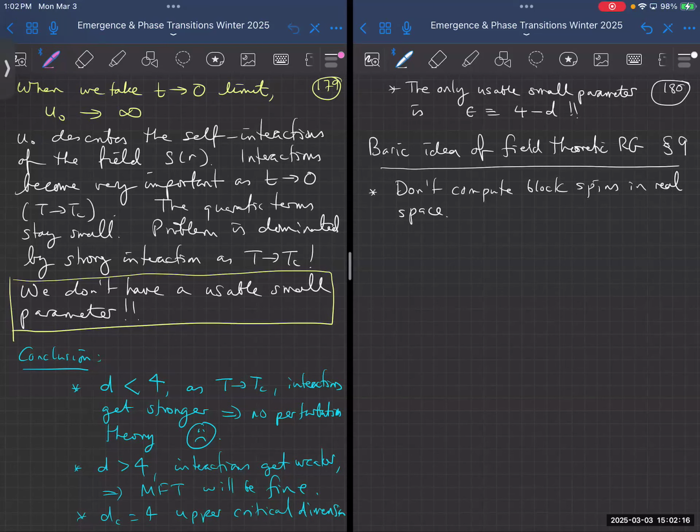what we're going to do is, and so when you compute block spins in real space, what you're doing is you're eliminating the small wavelength, small distance behavior.